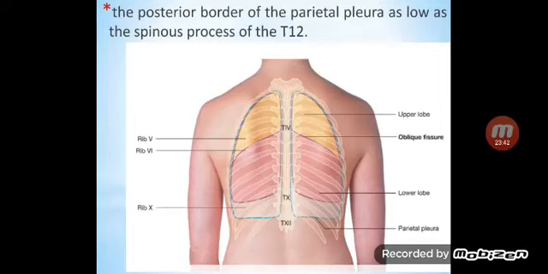So 2 ribs higher than the parietal pleura. Okay? So the surface marking of the lung is the same as that of the parietal pleura. Only the difference is the inferior border, which is 2 ribs higher than the inferior border of the parietal pleura.